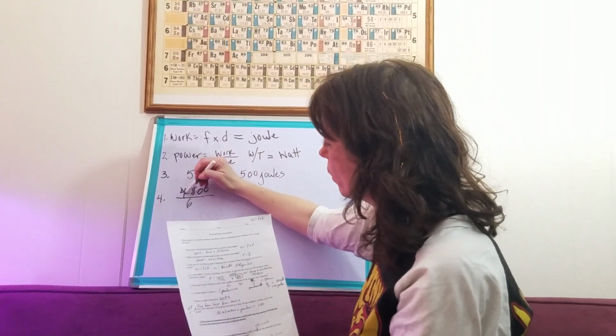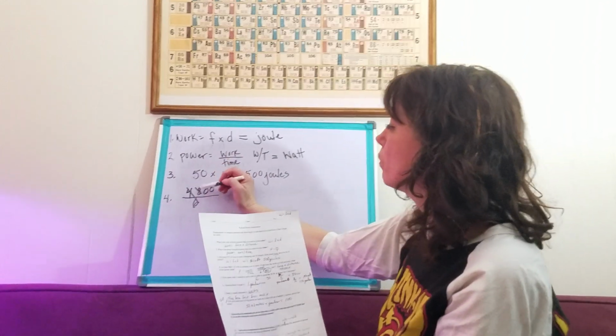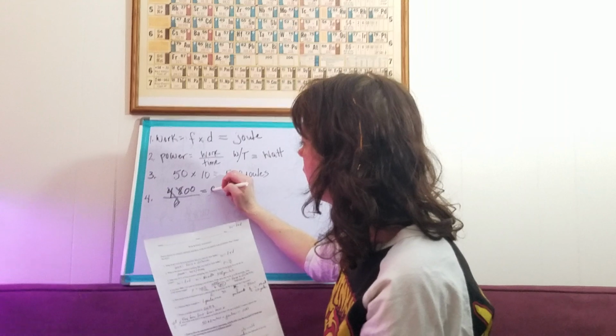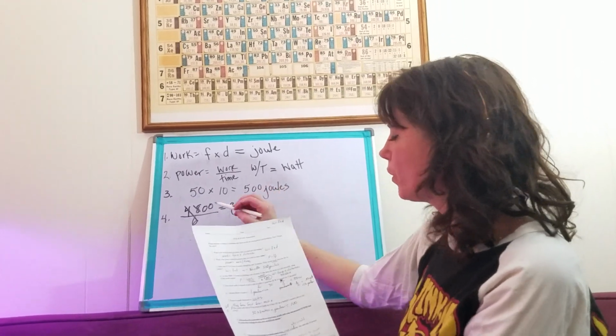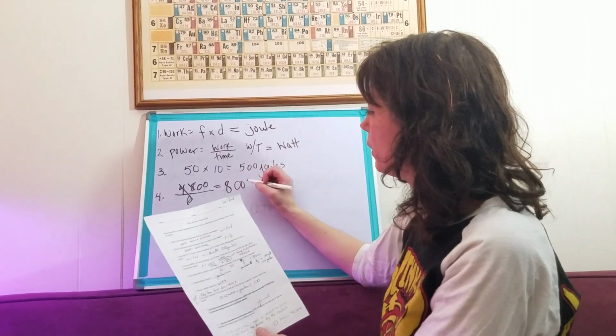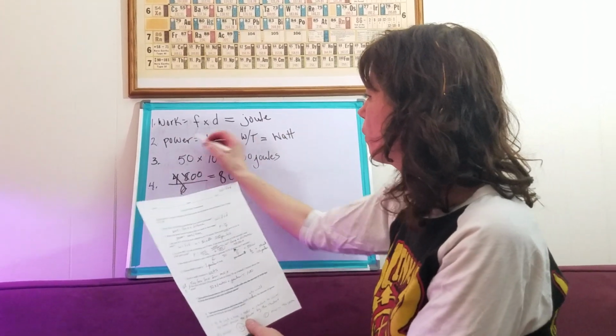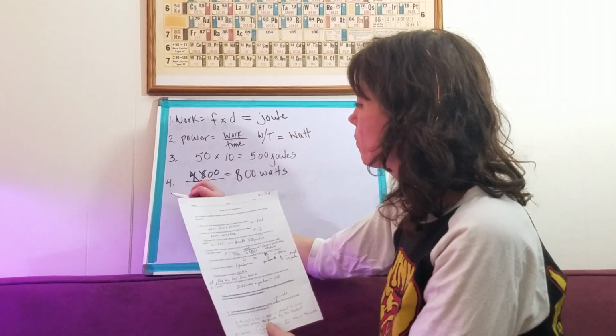This reduces down to 8, because 6 goes into 48 8 times, and you keep your 2 zeros. So for number 4, her power input would be 800 watts of power.